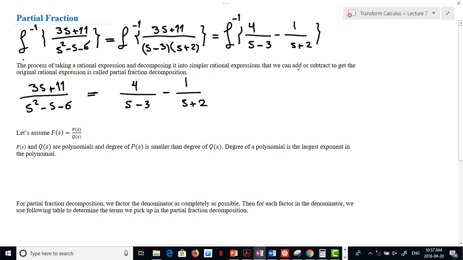We could add or subtract them to get the original rational expression. So this process is called partial fraction decomposition.